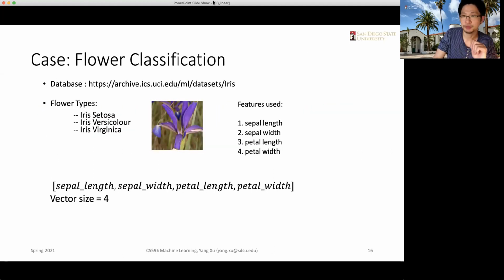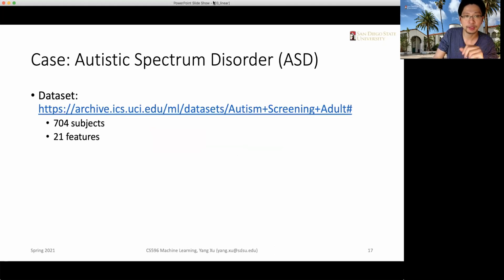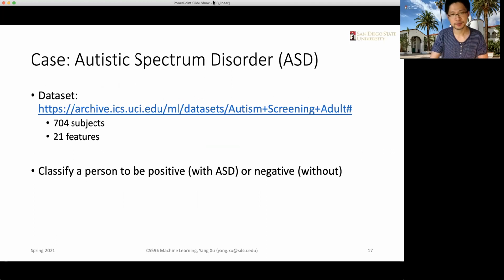Another example is the autistic spectrum disorder detection data set. In this example, the feature vector is much longer. We're looking at this data from a purely technical perspective. The target is binary, to predict whether a person has a positive versus negative diagnosis of this disease.